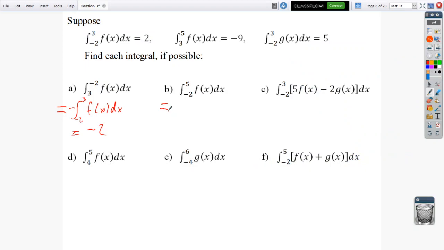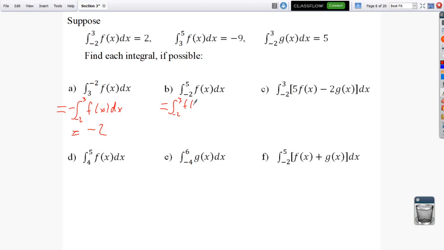So this is going to be equal to the integral from -2 to 3 of f of x dx plus the integral from 3 to 5 of f of x dx. And looking up here, just putting in values, this is 2 plus this is -9. 2 plus -9 gives me -7.